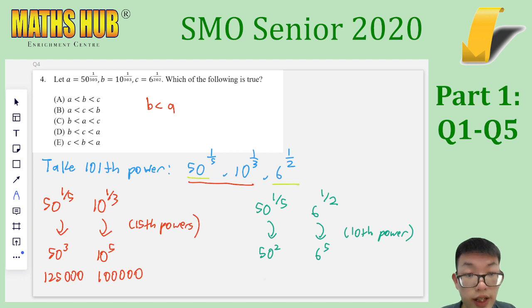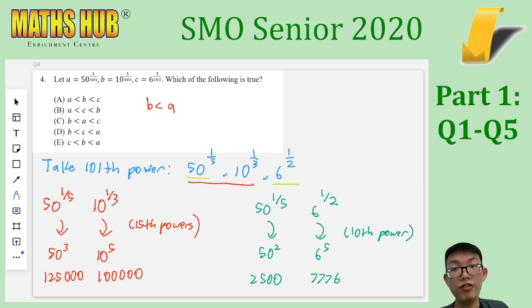Now 50 squared is 2500. 6 to the 5 is admittedly a bit annoying, but the consolation is that this is really quite big, and this is 7776. Now what that means is that if you were calculating this one by one, and then you got 6 cubed, which is 216, multiplied by 6 squared, which is 36, it is already clear that 200 times 300 is more than this.